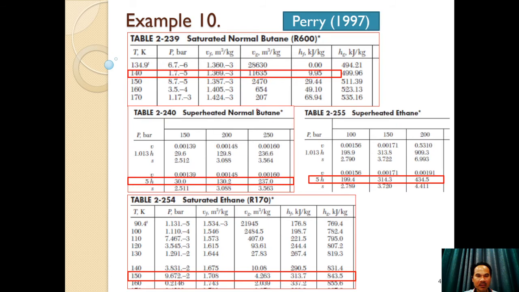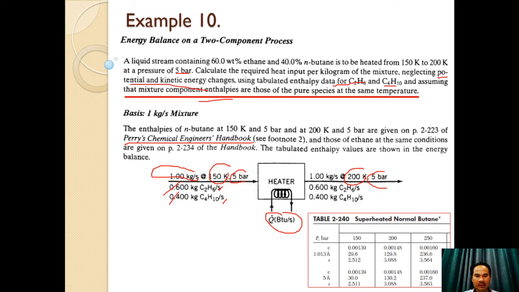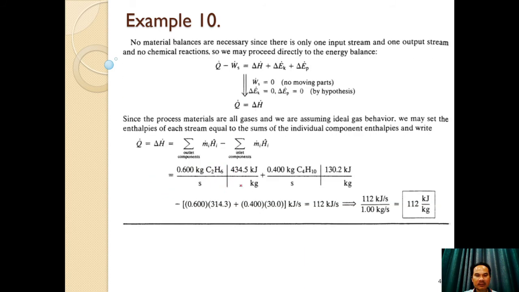For this we have only the property input of normal butane, at 150. The enthalpy of liquid is 29.4; this 29.4 is the input.